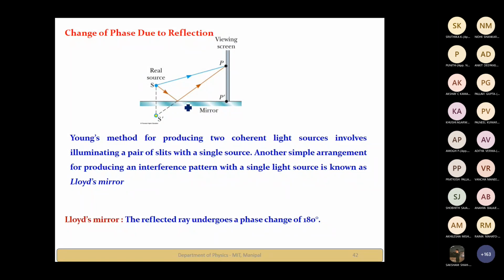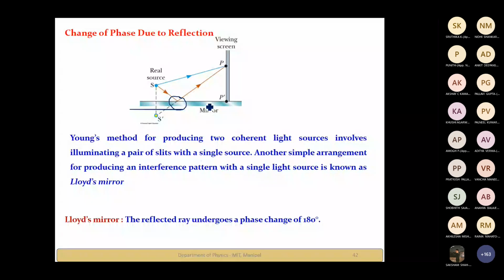Please note, due to this, the second ray undergoes a phase change of 180 degrees. So on the viewing screen, in Young's experiment, where you got bright fringes, in this case you will get dark fringes because one of the rays is out of phase, right? If they are in phase, you would have got bright. Since there is a reflection here which undergoes a 180 degree phase change, that is, it's inverted, the two rays cancel each other and produce the dark band.